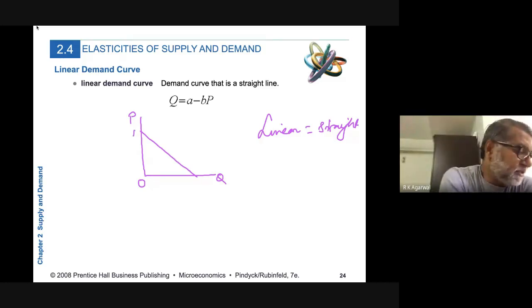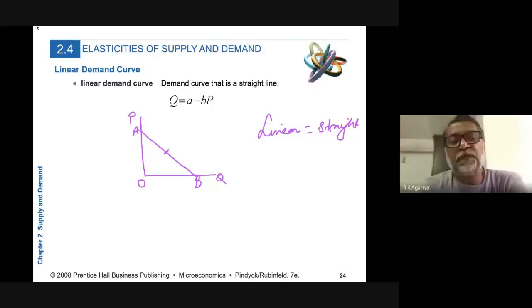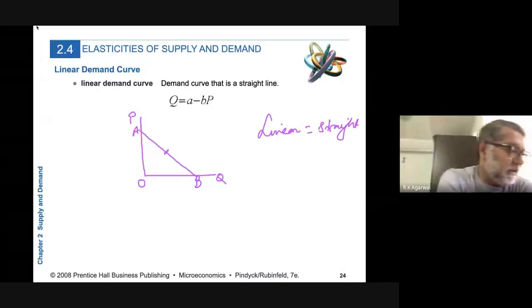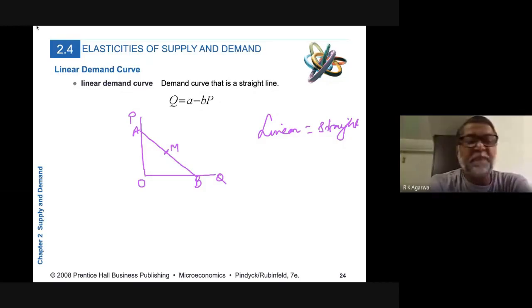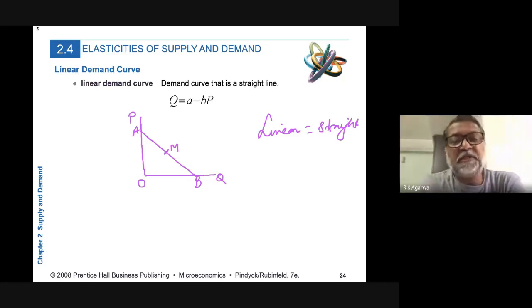Let us call this point A, this point B, and let us mark a point which is the middle point of this line A and B. Let us call it M, the middle point. Any point between A and M will be higher than M, and any point between M and B will be lower than M. So this is a linear demand curve.